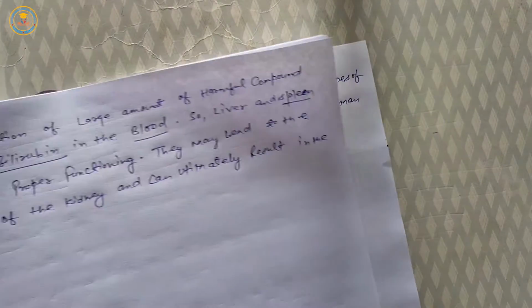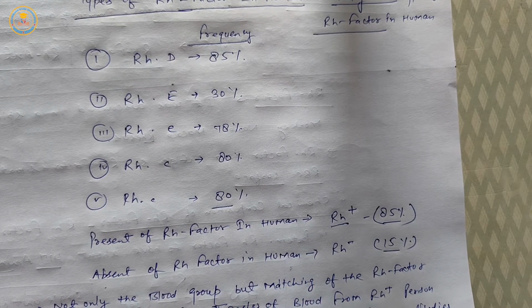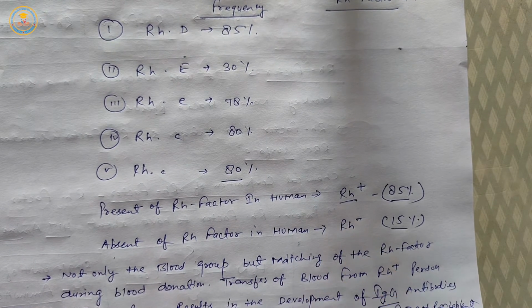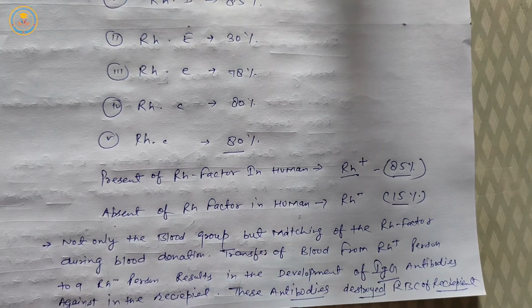Once again, complications of the RH factor. Sometimes blood group is the same but the RH factor is different. So if a donor person is RH positive but the recipient is RH negative, and the recipient receives RH positive blood, a maximum amount of IgG antibodies develop in the recipient's body.